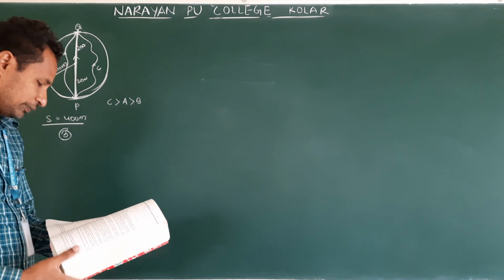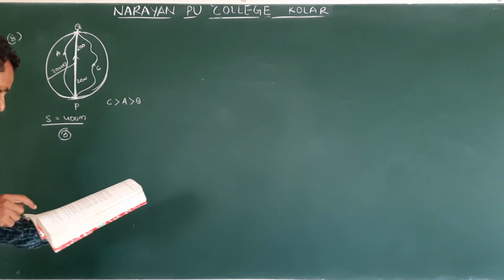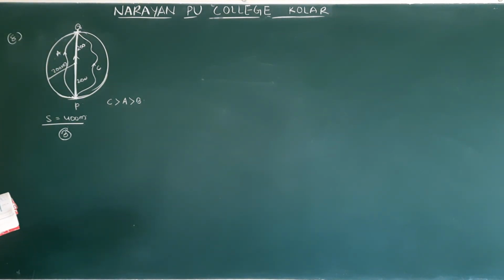Come to the 9th question. A cyclist starts from the center O of a circular track of radius 1 km, reaches the edge P of the track, then cycles along the circumference and returns to the center O along QO, shown in the figure.